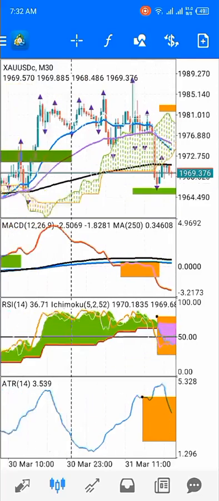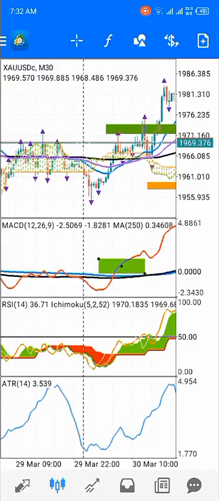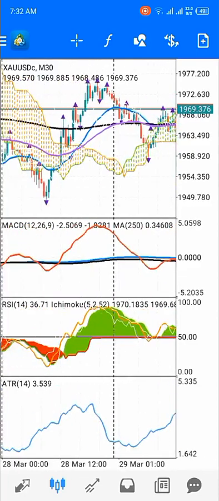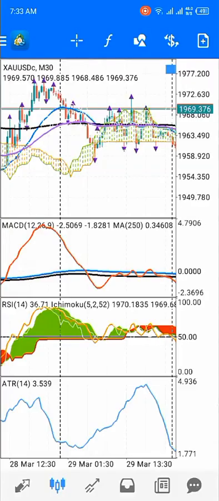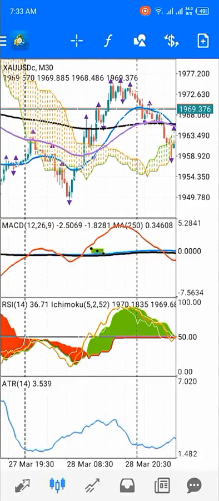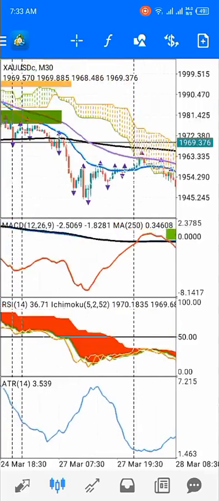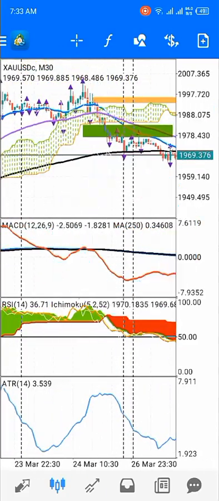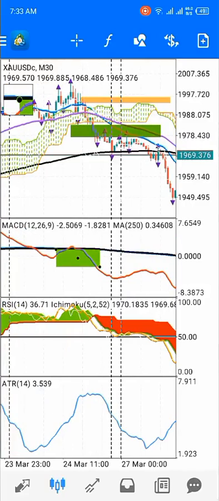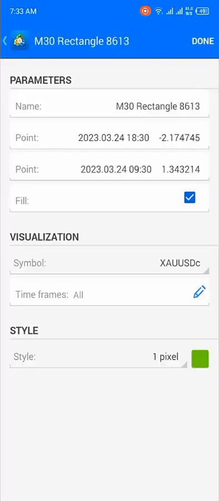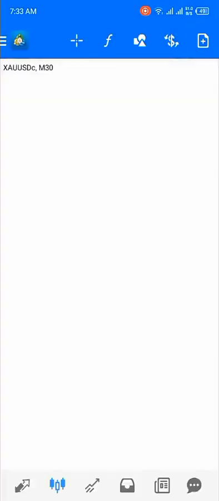And for a bearish trend, as soon as the red line crosses below all of the lines, you have a bearish trend development. So in a bullish trend development, you look for buy opportunities like around here. And in the bearish trend development, like around here, you look for sell or short trade opportunities.